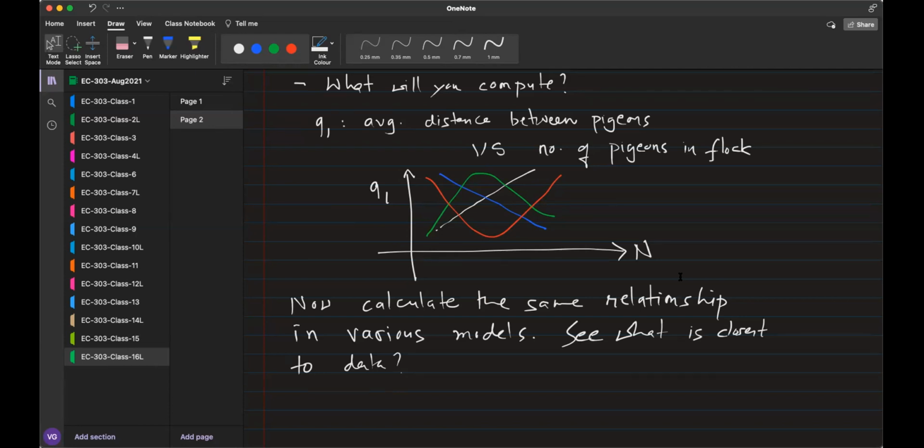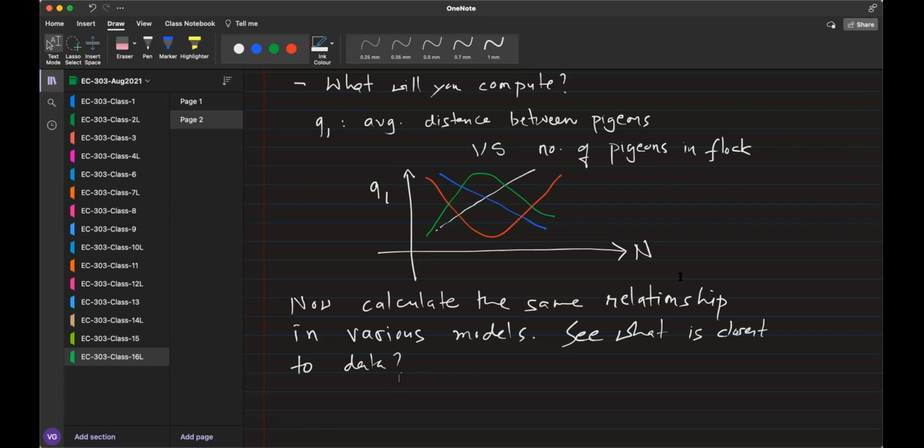What else can happen when you compare data and models? The ideal scenario is, model 1 gives you relationship 1, model 2 gives you relationship 2, and so on. Different models give different relationships, and then you look at the relationship within the data and see the best fit. What are the other possible scenarios?